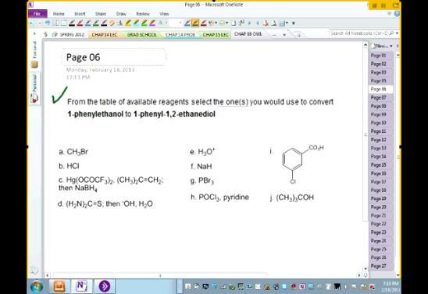Now, what they want you to do here, they want you to use this table, but I do not want you to use that table. If I do it too fast, it disappears. Now, do not look at that table.